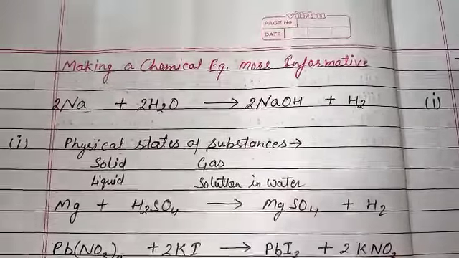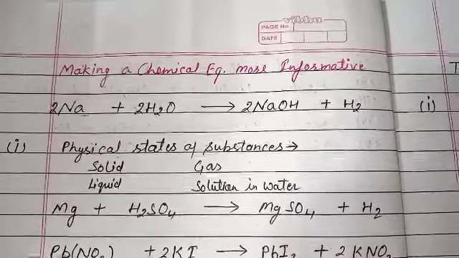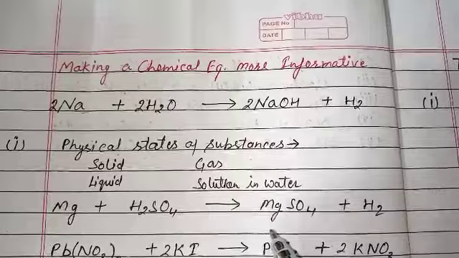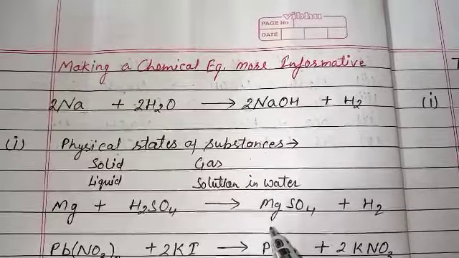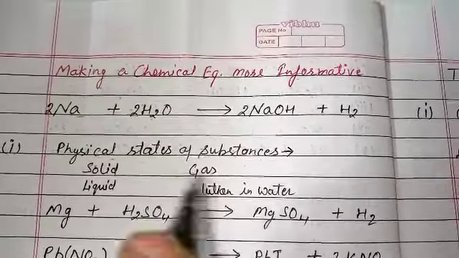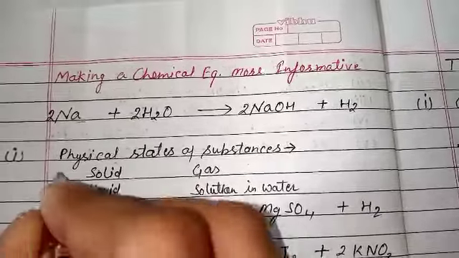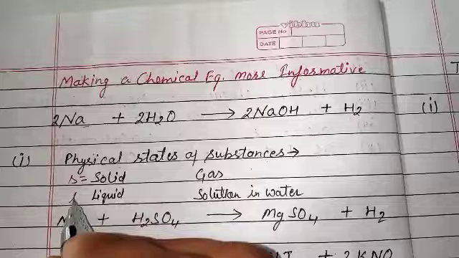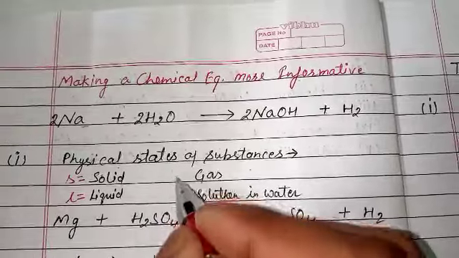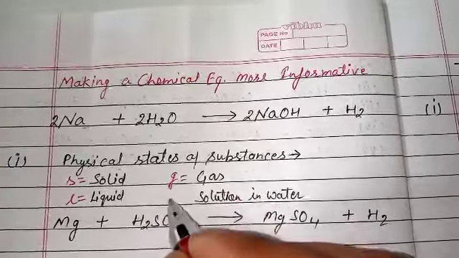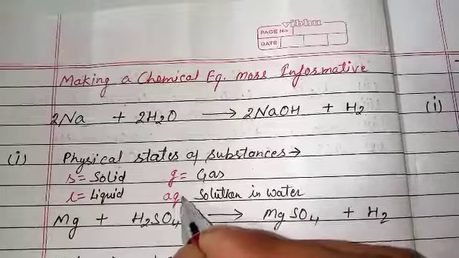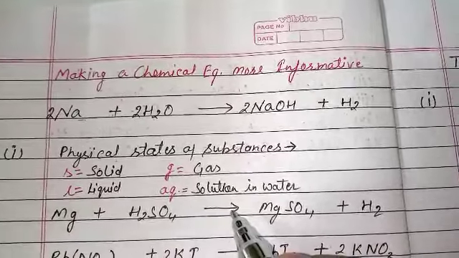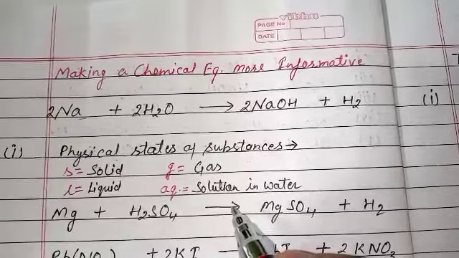Clear? So the physical state of the reactants and the products can be indicated by the use of certain letters. For example, S for solid, L for liquid, G for gas, and AQ for the solution of a substance in water.